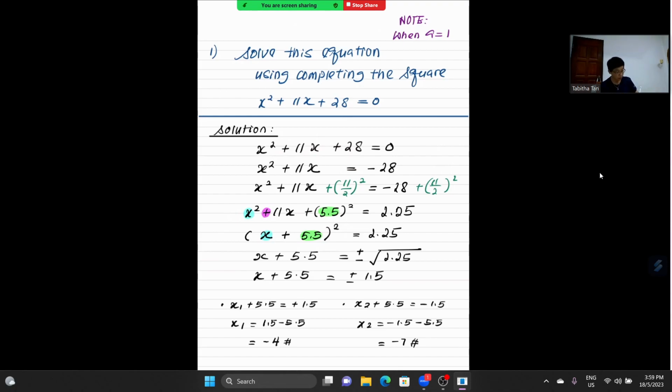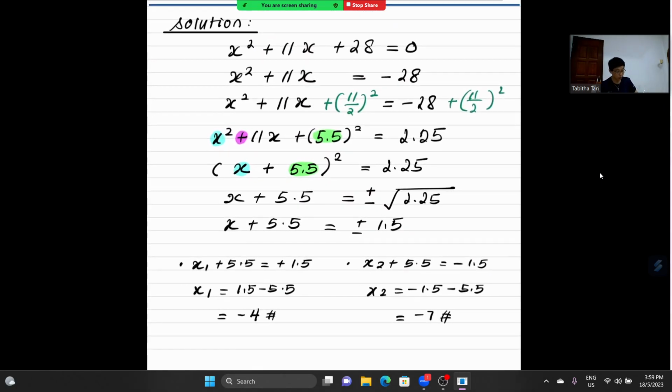And then you get rid of the square by performing square root onto both sides, remembering to put two possible solutions or two possible roots. All right, one is the positive version, the other one is the negative version. And now you come to do the splitting.